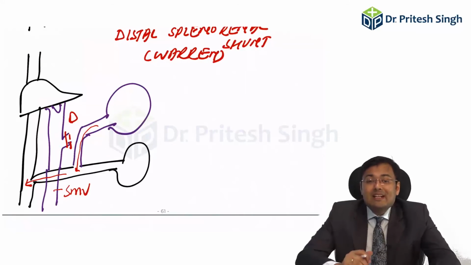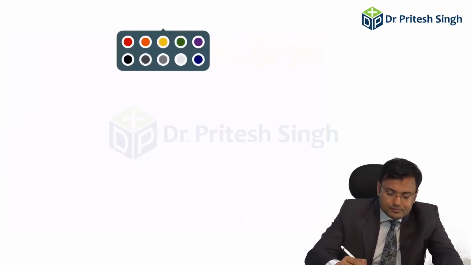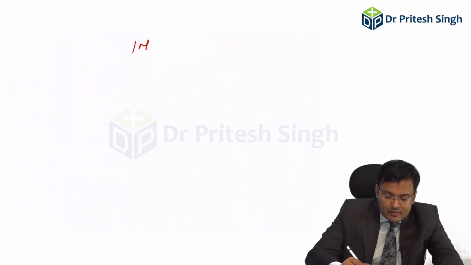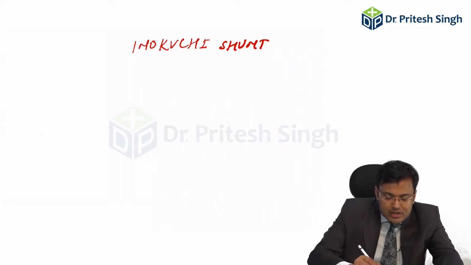What is the second type of selective shunt? That is Inokuchi shunt. There is a mnemonic by which you can remember Inokuchi shunt, that is IVC.